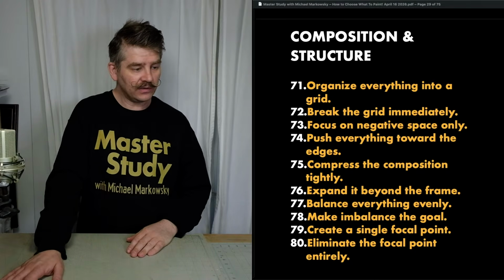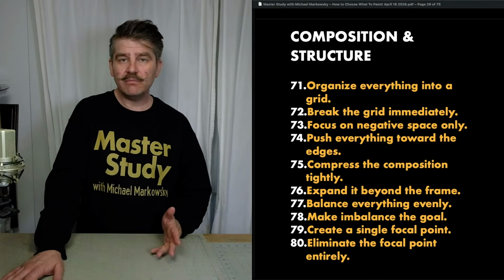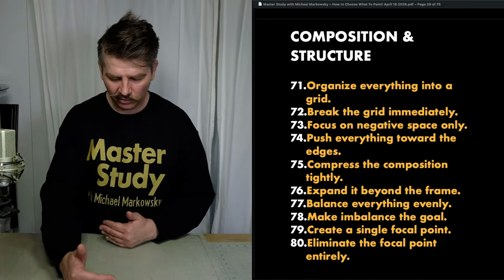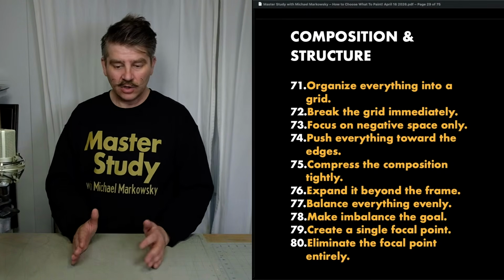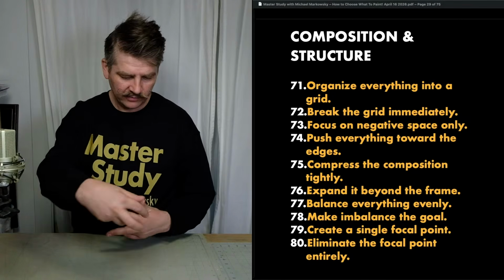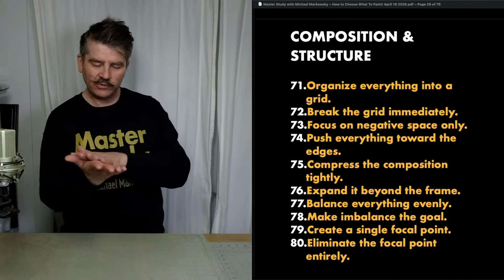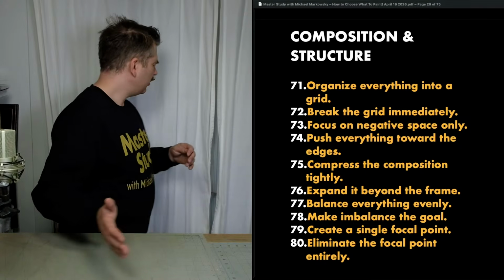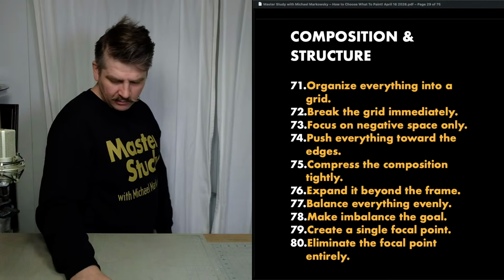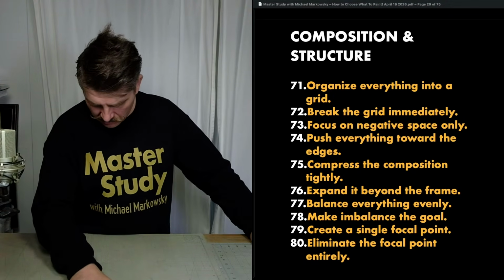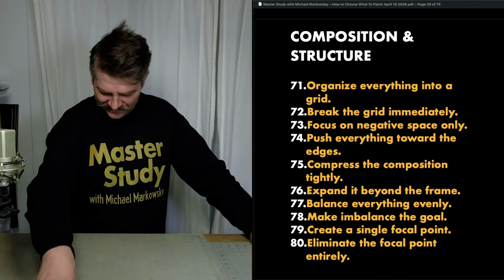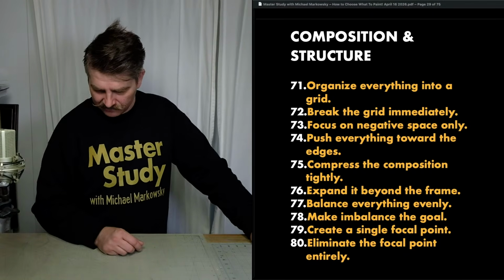On the opposite side of things is breaking the grid immediately. Instead of being really careful with the way things are organized, you try to do the opposite. Maybe you cut that picture of the dog out, put some glue on it, turn away, and put it on the painting, and you're like, oh, it's only the bottom half of the dog in the painting and the head is missing.